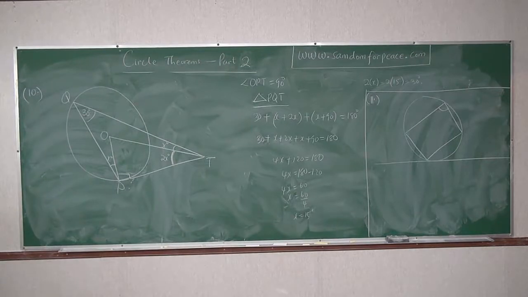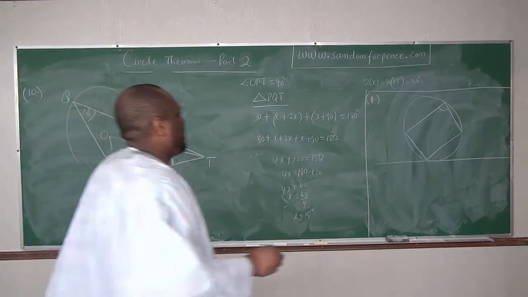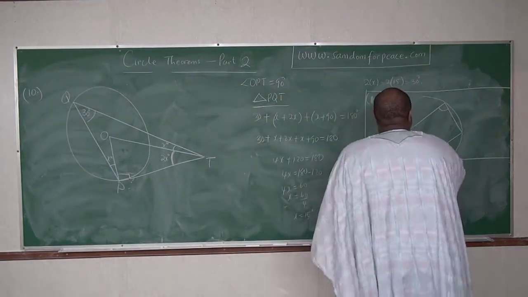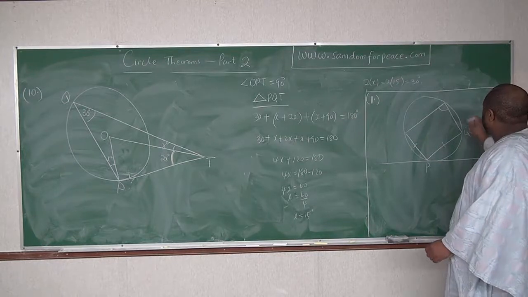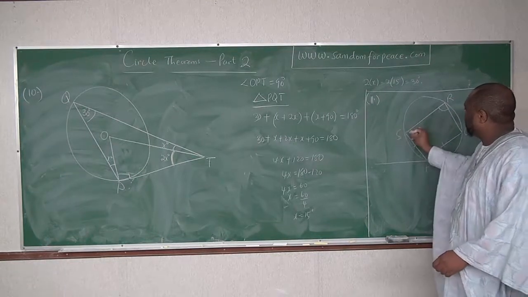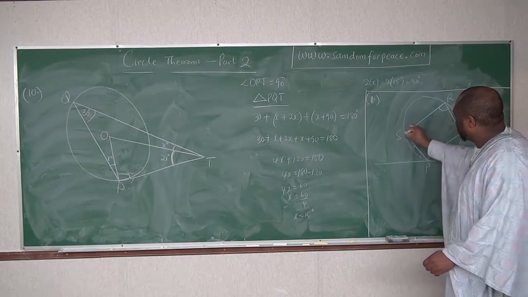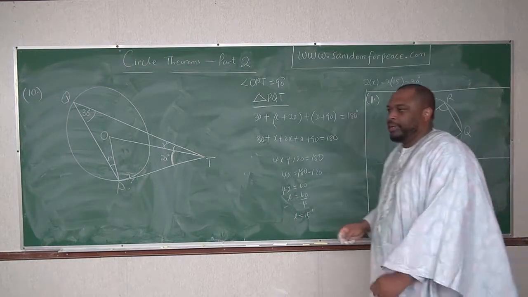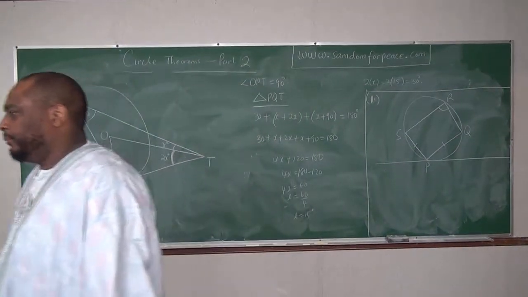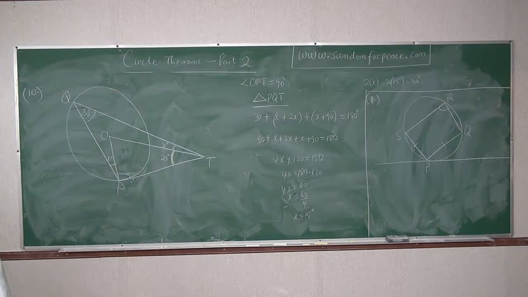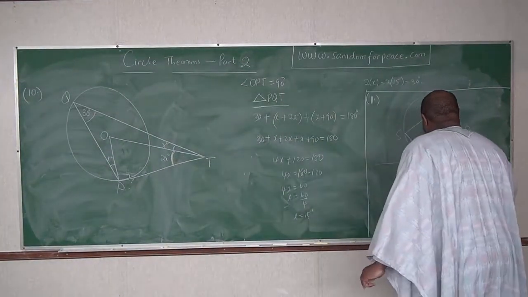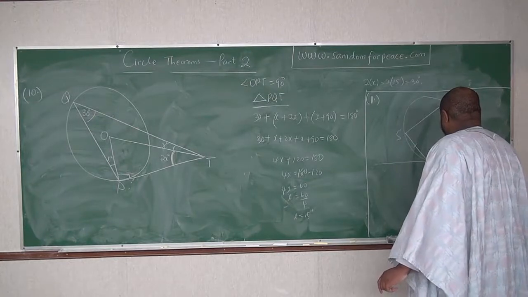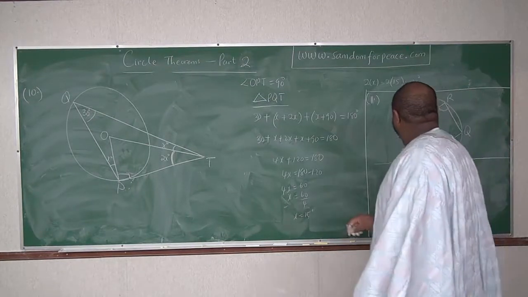And this is PQRS. Looks like these folks like the PQRS. So we have this is congruent to this. We have PQRS. And this is 50 degrees. This right here is 50 degrees. Okay.